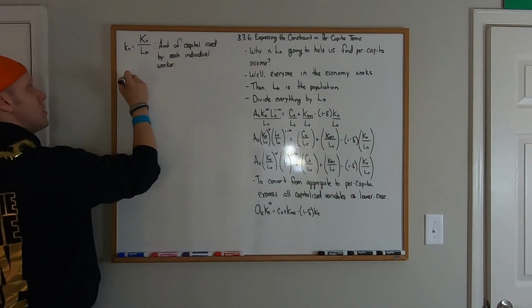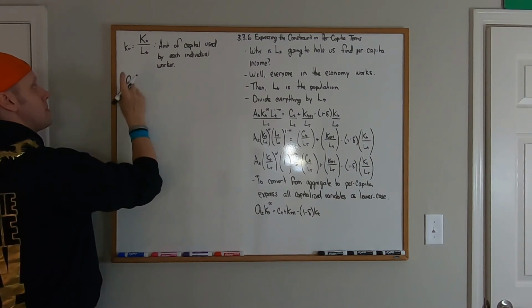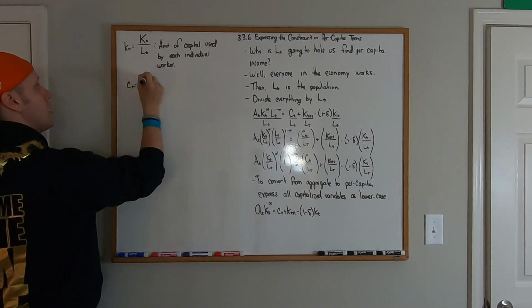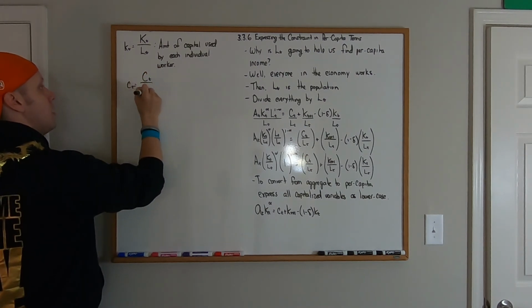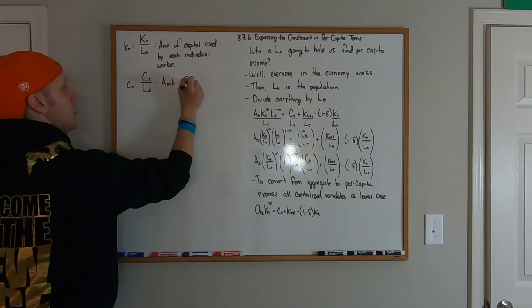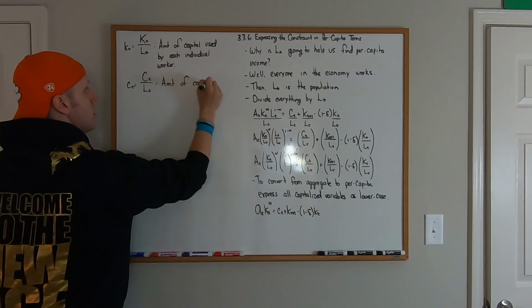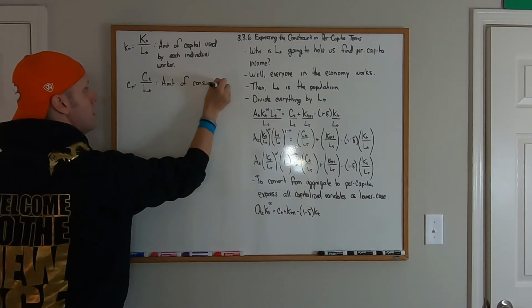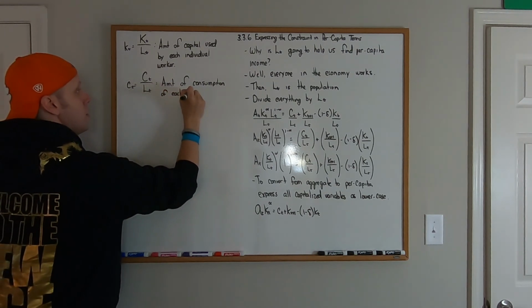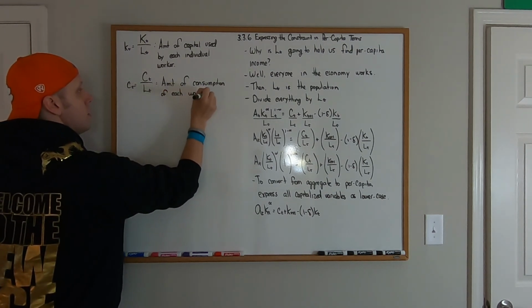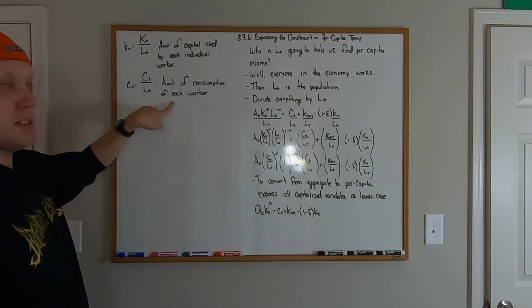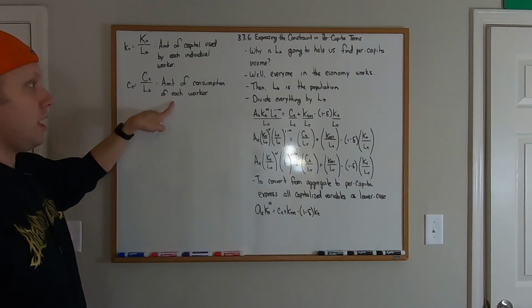All right, let's look at consumption. Lowercase c equals capital C over capital L. It's the amount of consumption that each worker engages in.